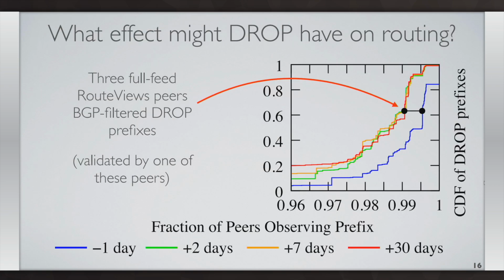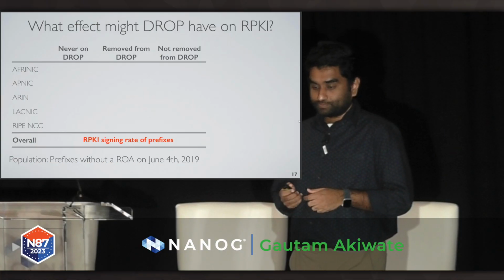In fact, we see 3 full feed RouteViews peers actually BGP filter DROP prefixes. And I'm not sure what Spamhaus has to say about that, but I don't think they meant it as control plane filtering, but in fact, data plane filtering. So it's interesting that there are routers out there that are actually doing this.